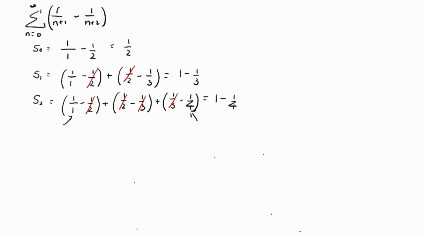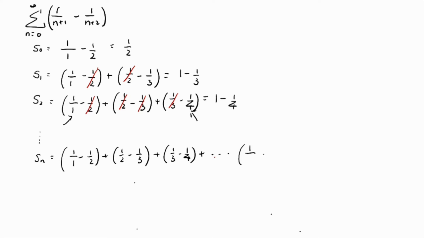Now, if you continue this process and write down what the nth partial sum is, you will have 1 over 1 take away 1 over 2 plus 1 over 2 take away 1 over 3 plus 1 over 3 take away 1 over 4 plus ... and then the last term is 1 over n plus 1 take away 1 over n plus 2.